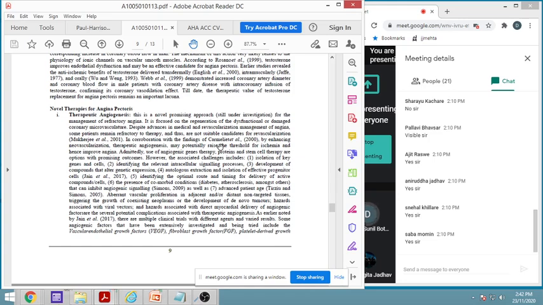Then when angiogenesis is done, because of the neovascularization, therapeutic angiogenesis, that is the development of new blood vessels. Angiogenesis means angio, blood vessel, genesis. So therapeutic angiogenesis means development of new blood vessels. It may potentially raise the threshold for ischemia and hence improve the angina.